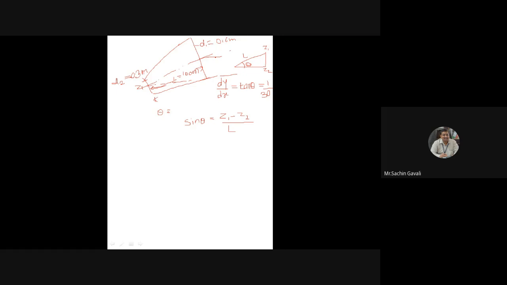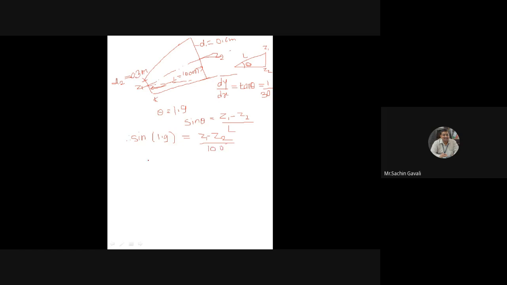Theta is 1.9. Then sin of 1.9 is equal to Z1 minus Z2 divided by L. L means 100.